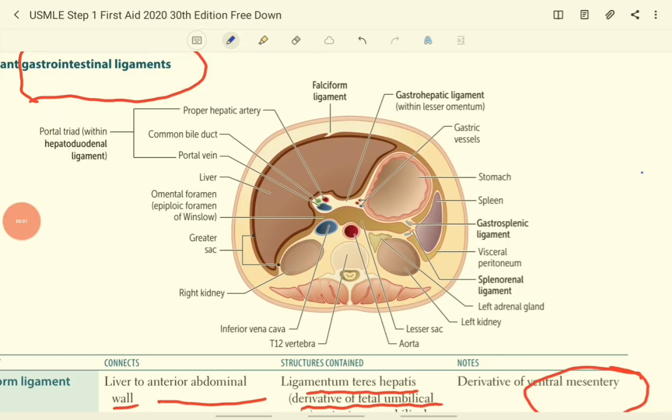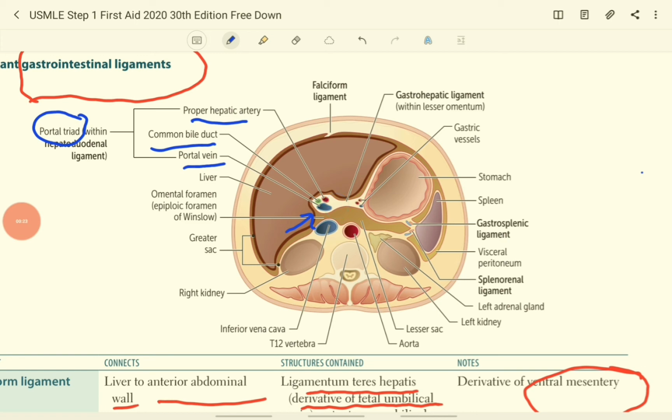In this image, we can see the hepatoduodenal ligament over here, which contains a portal triad: the proper hepatic artery, common bile duct, and portal vein. If there is a rupture of the proper hepatic artery, we can compress this area.